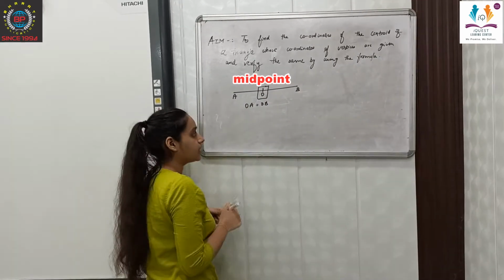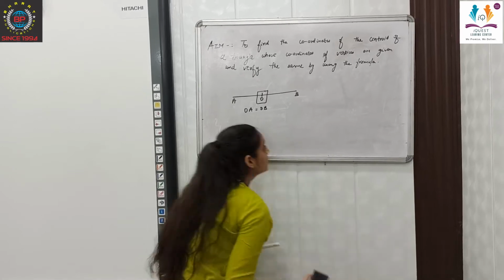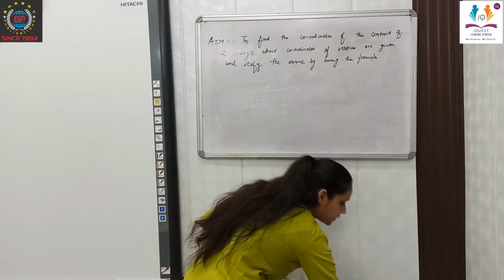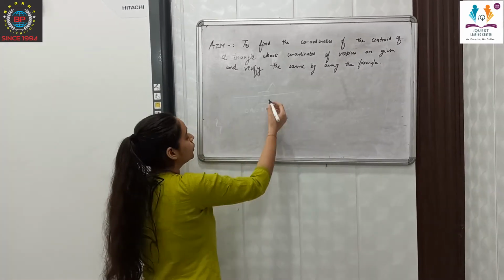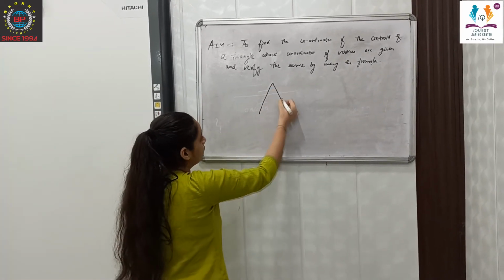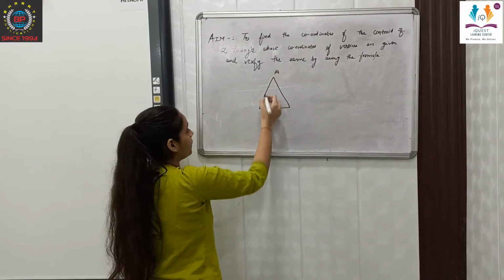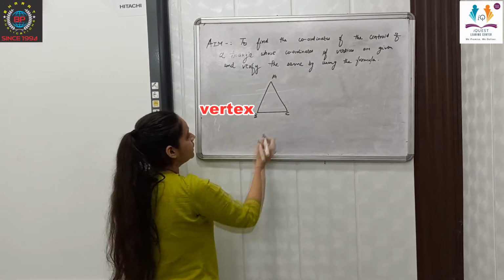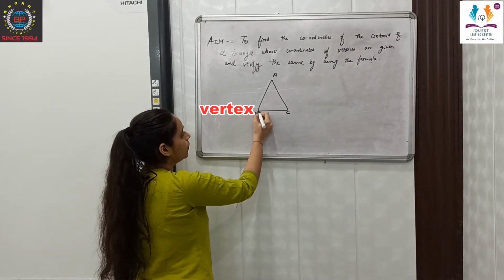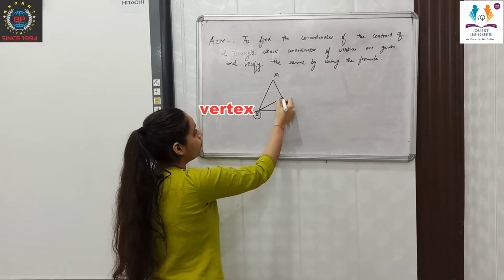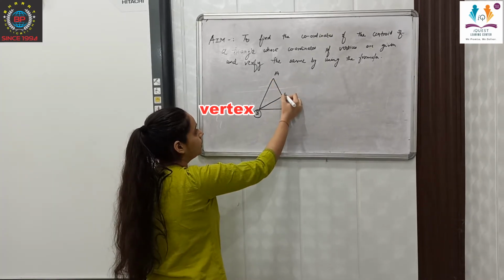So now let's understand what is the median of a triangle. For understanding the concept of median, I am going to draw a triangle. Let this be a triangle ABC. So a median is a line segment joining the vertex to the midpoint of the opposite side.